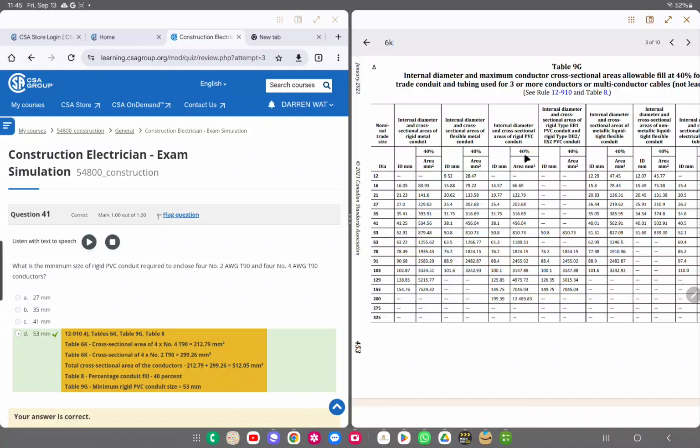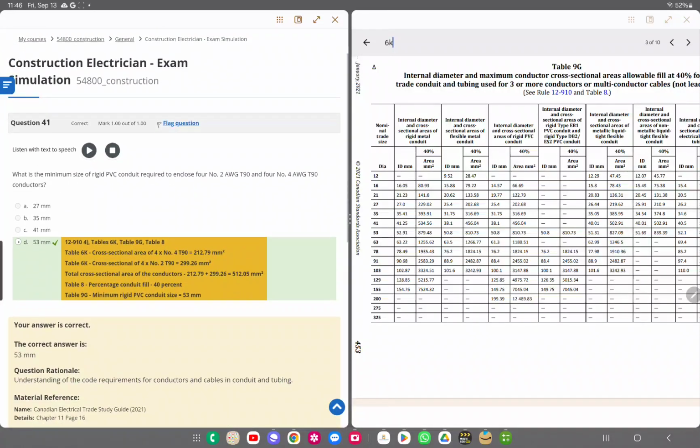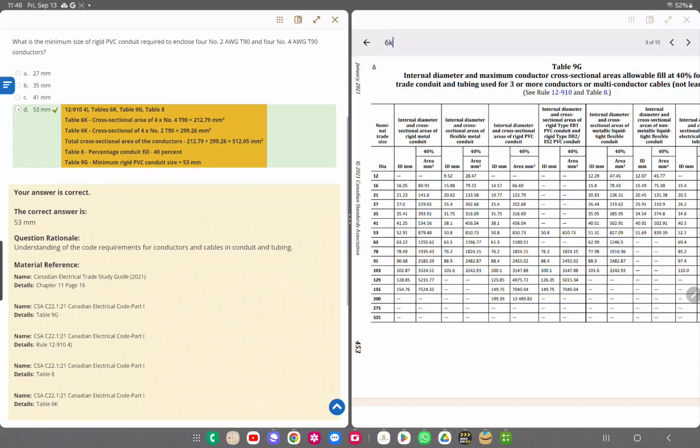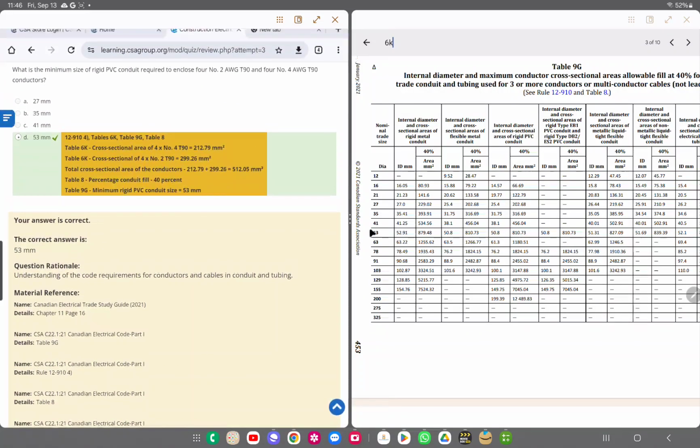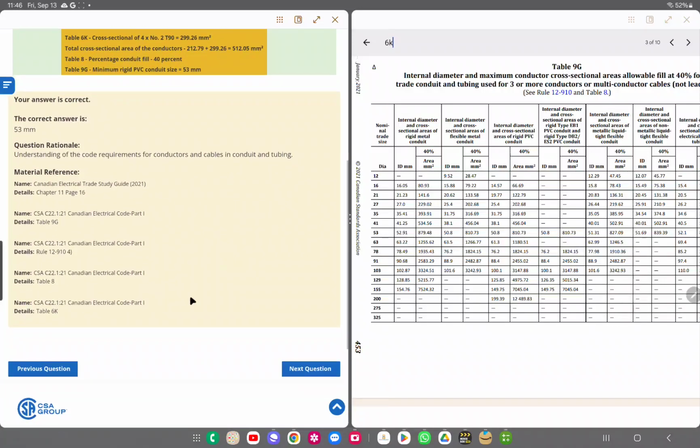So we're just taking our number 512, and we're looking, what can we use? So 456, that's too small. So we're gonna go to the next biggest size, which is 810.73. We're looking across, and we get 53. So our nominal trade size is 53 millimeters. That's how we get our answer.